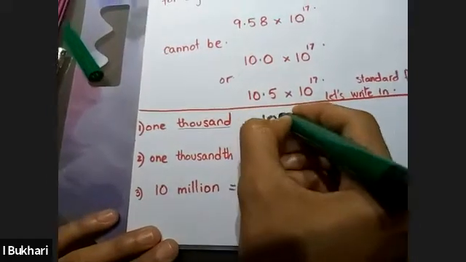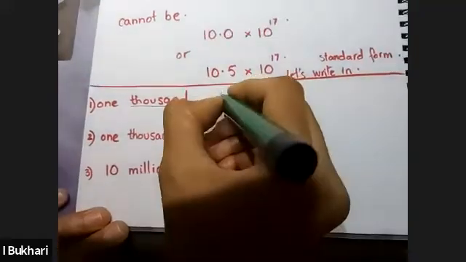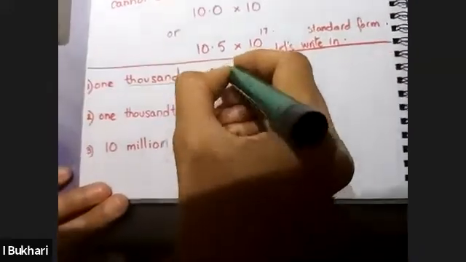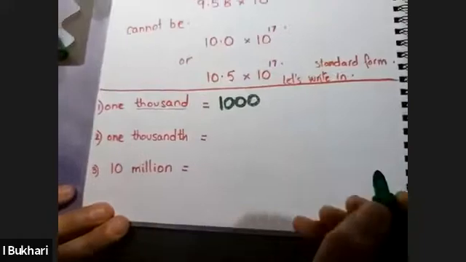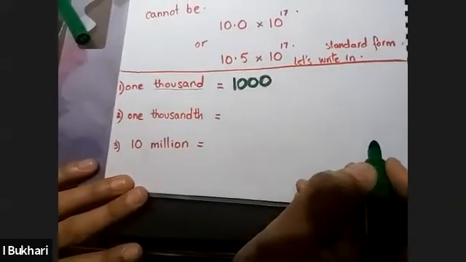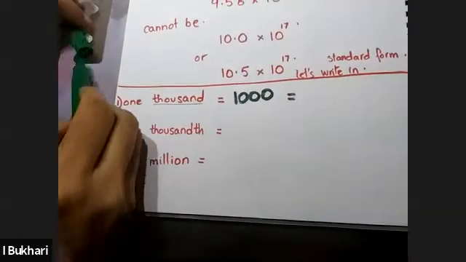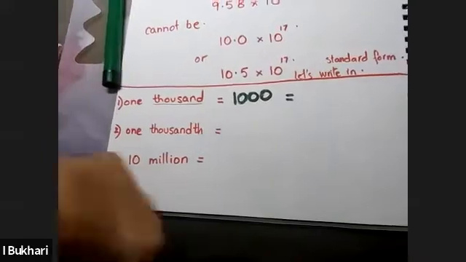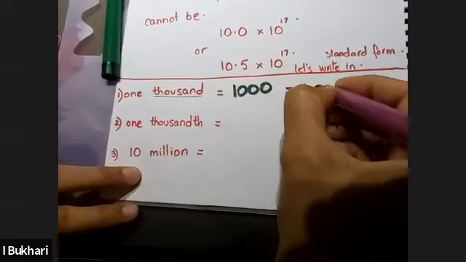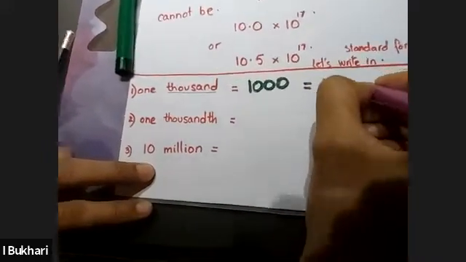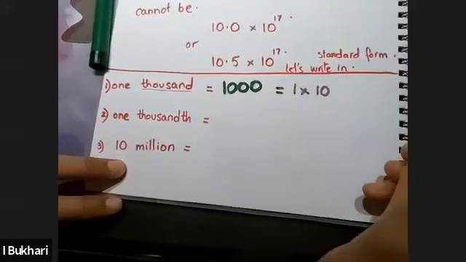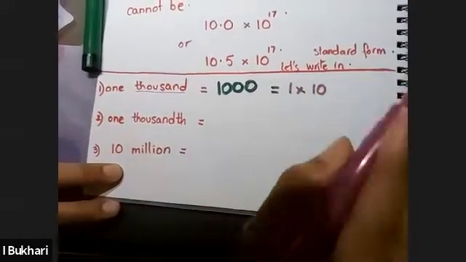So can I write 1,000 this way? Can I write it this way? Yes. Okay. So this means what? Can I write it as 1 into 10 to the power what? Now I have 3 zeros, right?